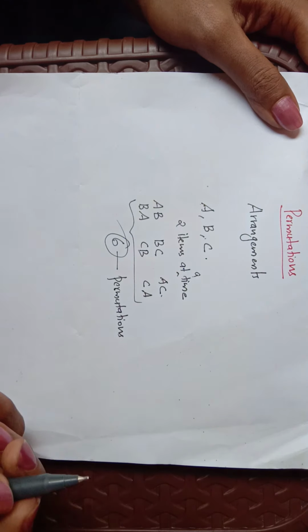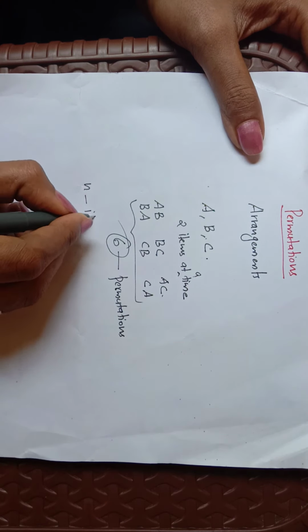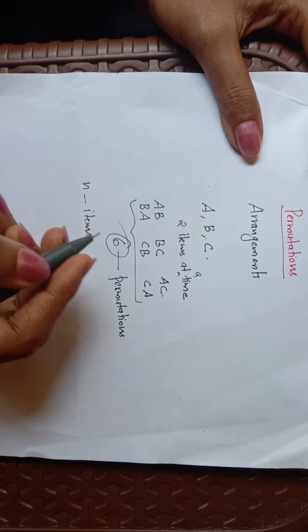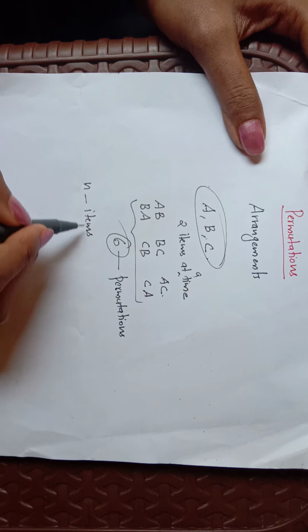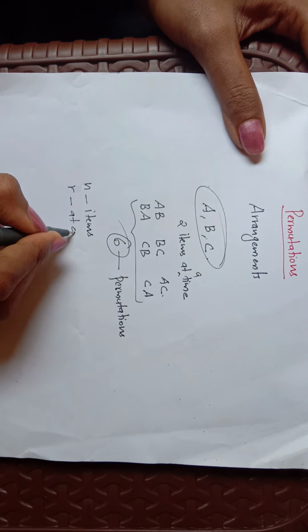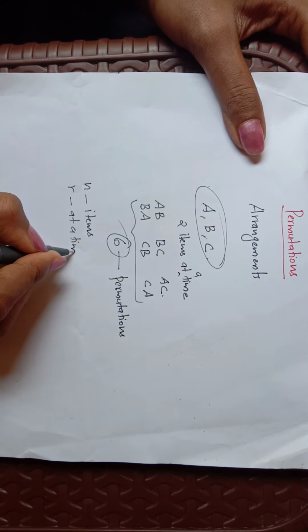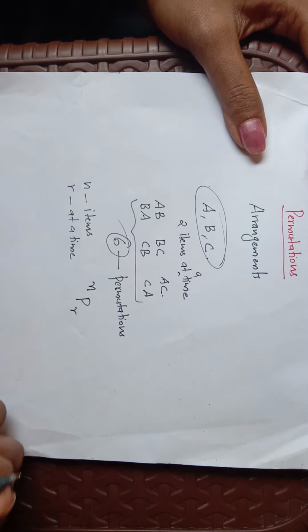In general, what I can say is, suppose that there are n items, where this n represents the total. Here it is 3, right? So if there are n items and we are taking only r at a time from those n, then the total number of possible permutations is represented using the notation nPr.